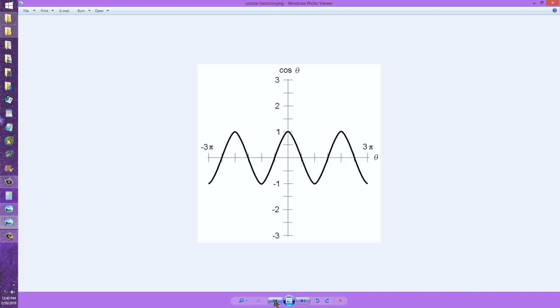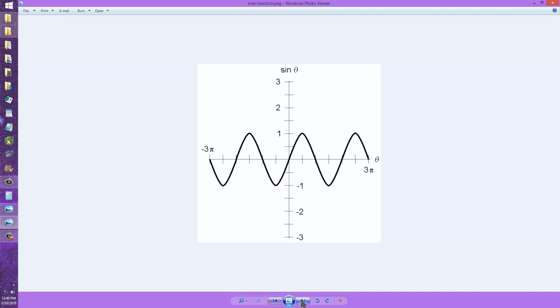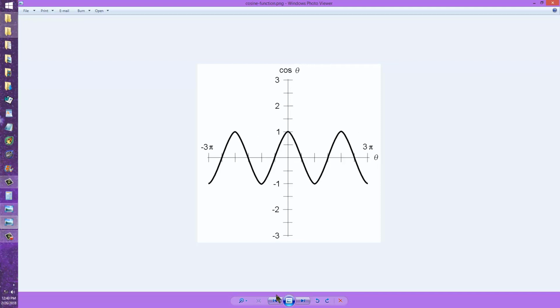We sometimes say the cosine wave leads the sine wave by 90 degrees, or the sine wave lags behind the cosine wave by 90 degrees.